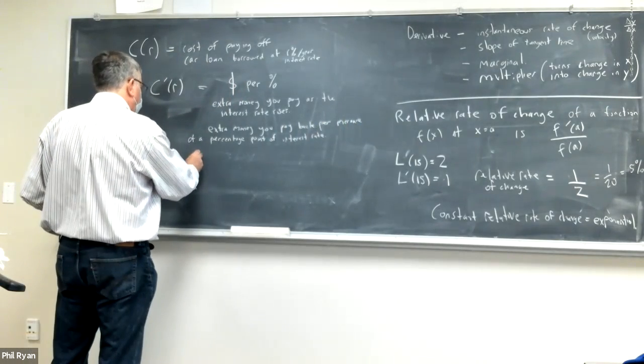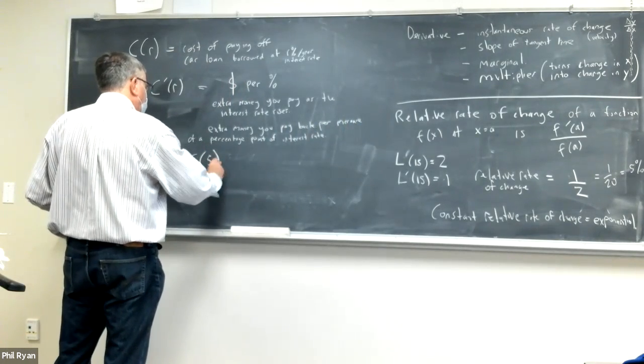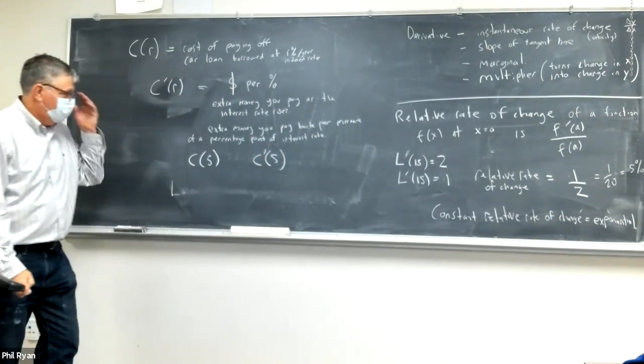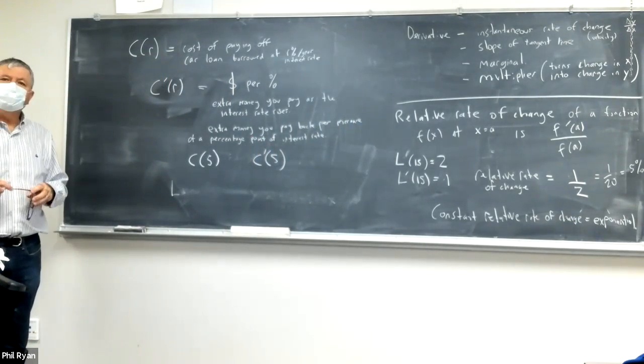So I have these two things, C of 5 and C prime of 5.